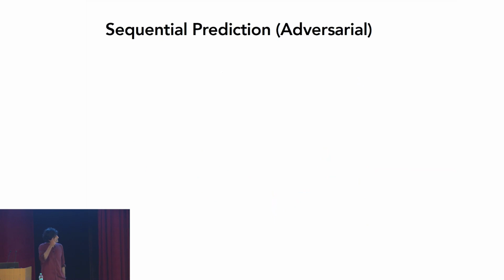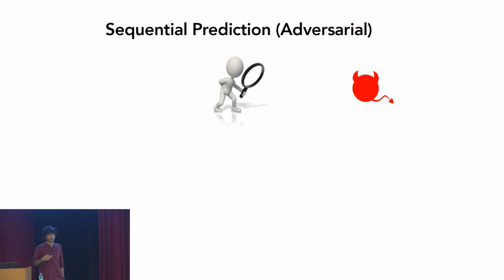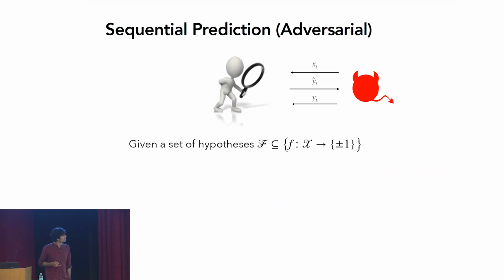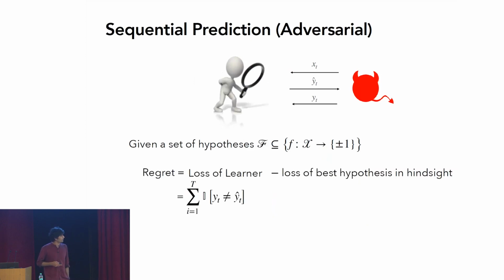The more famous version of regret is the adversarial setting. Here again you have a learner and now you have an adversary. The adversary gives you an arbitrary xt, and again the learner makes a prediction y hat t, and the true label is revealed, and this repeats for t steps. Again you're competing against a set of hypotheses, and your regret is measured the same way, which is the number of mistakes you make minus the number of mistakes the best hypothesis in hindsight makes.